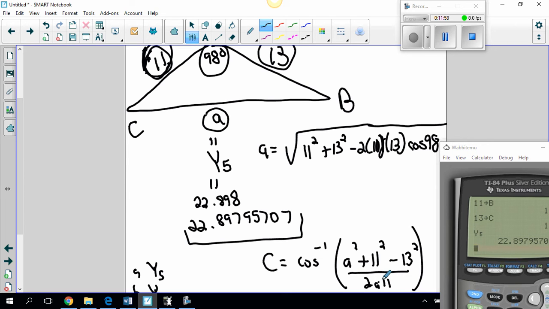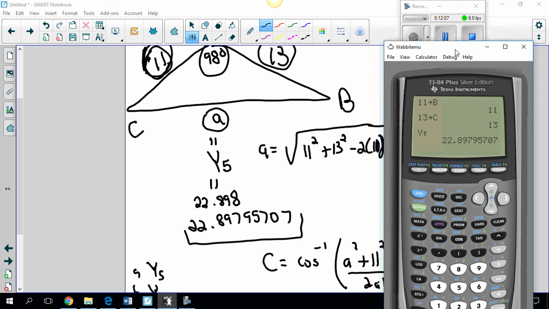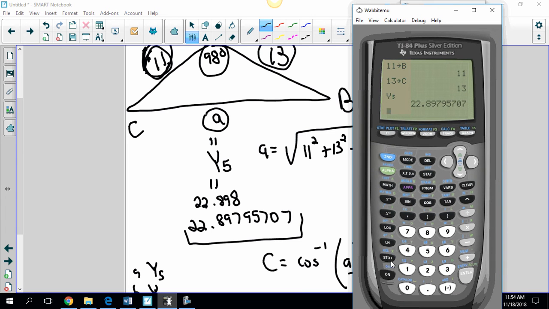You can type that in. And you just found A, so make sure you use enough decimals. So what do you say we actually store that number to alpha A, the last number?